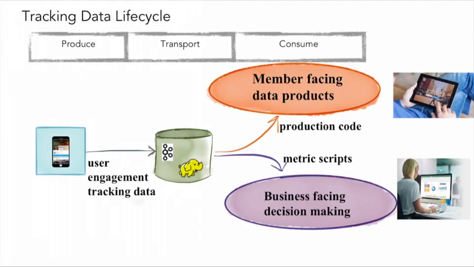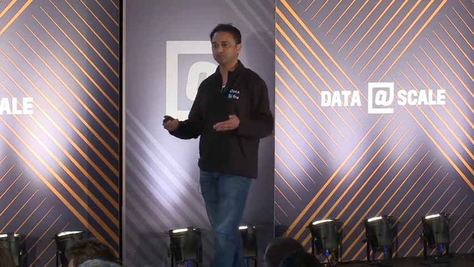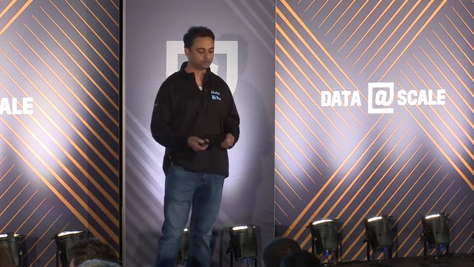And the way this data gets consumed, primarily you could think of it as two different ways. One is your member-facing data products, which would take a look at the data, run a lot of computation using machine learning to make the site more relevant and personalized to you.